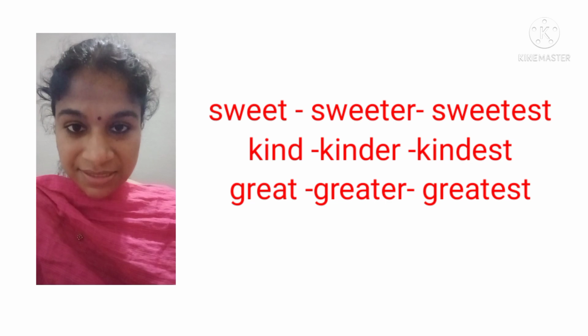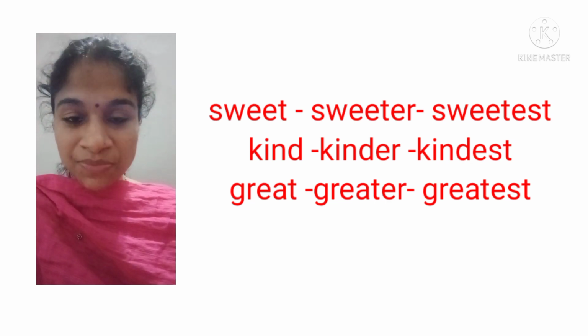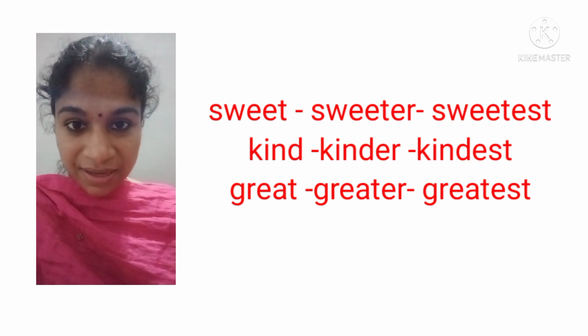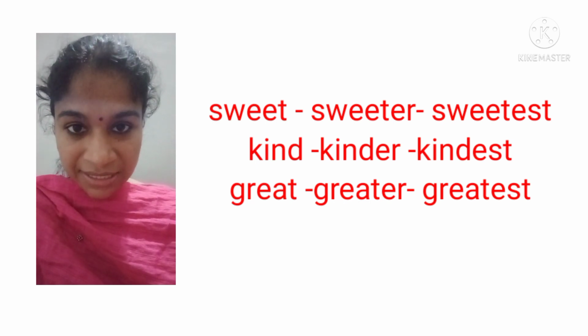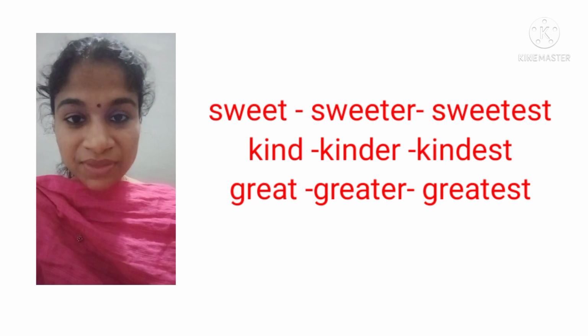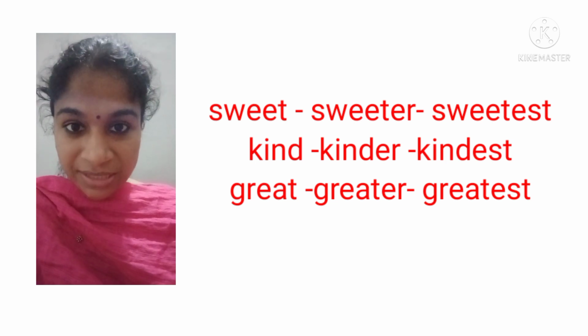In this, kind is the positive form, kinder is the comparative form, and we have added est to the positive form, that is kindest. It is the superlative degree. Then sweet, sweeter, sweetest, great, greater, greatest.